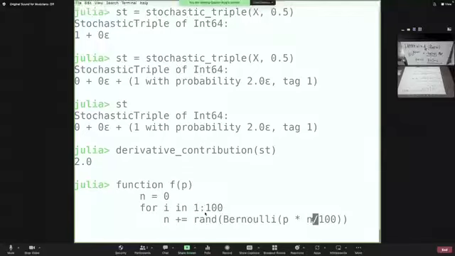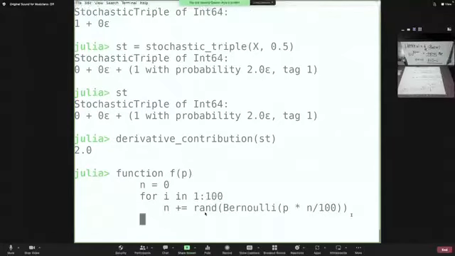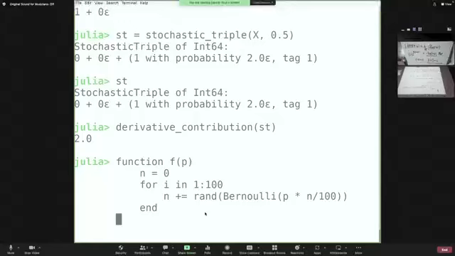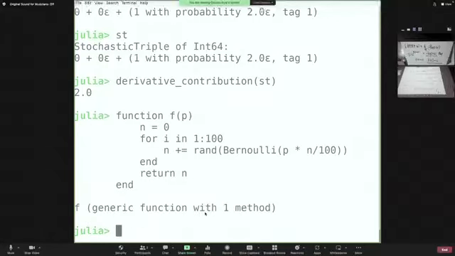This is something that depends on where you currently are in your walk, and also depends on p. If this Bernoulli turns out to be true, you walk to the right. Otherwise, you stay put. And then we return n.